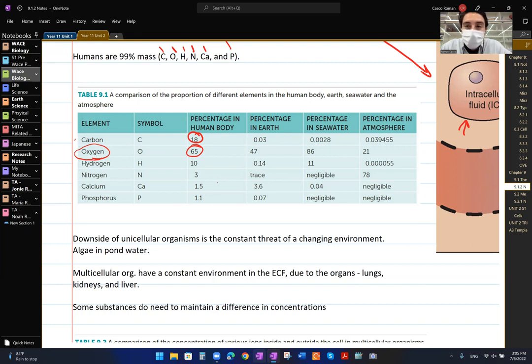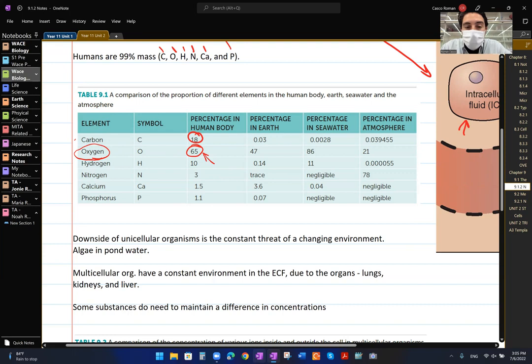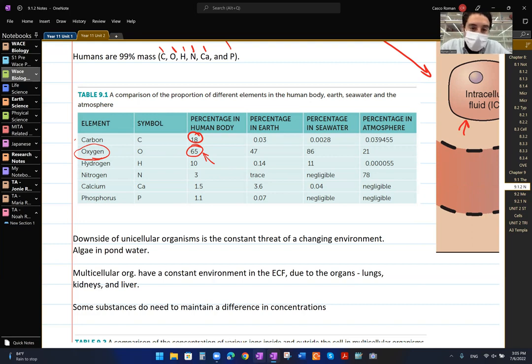Carbon, when it bonds to oxygen, creates many, many different organic compounds. So we're 65% oxygen. The percent on Earth is 47% of that. On Earth, the percentage in seawater is 86%, and in the atmosphere, it is 21%. So different relative abundances.